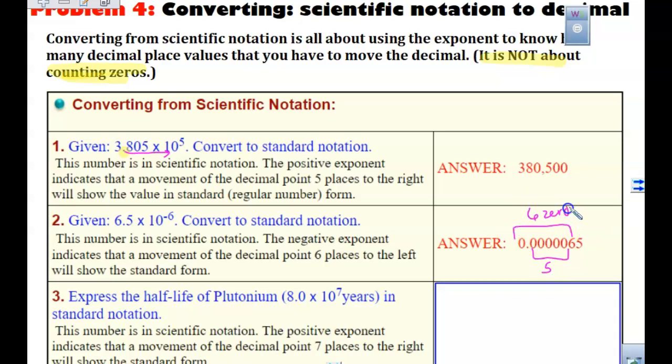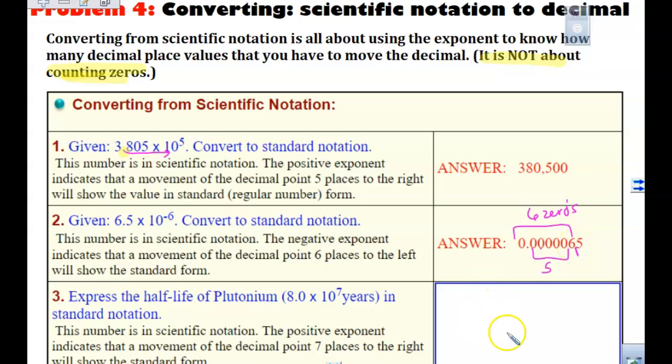So when I have this really small number, I am moving the decimal over 6 places. Starting from here gives me 1, 2, 3, 4, 5, 6. 6 total zeros when I go smaller: the 1 in front plus the 5 behind. Okay, so we're kind of taking a look at those.